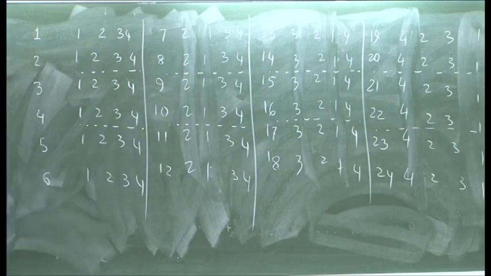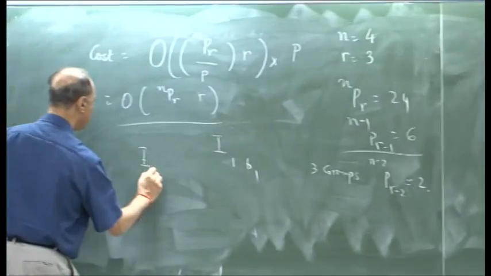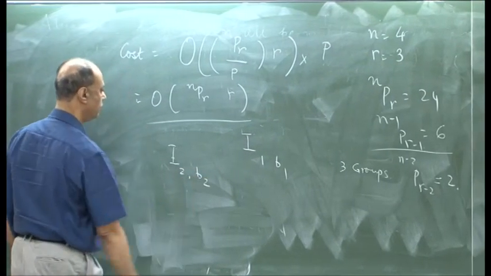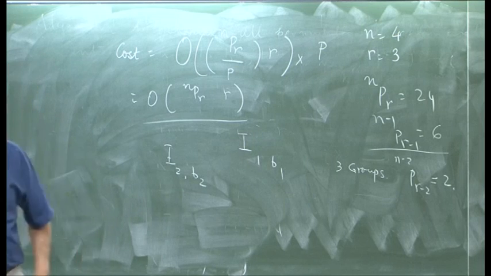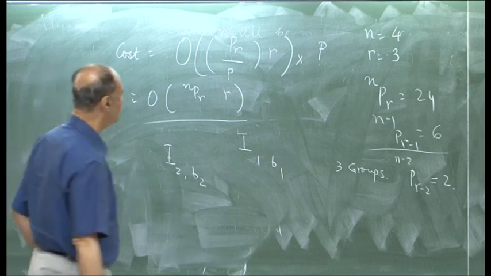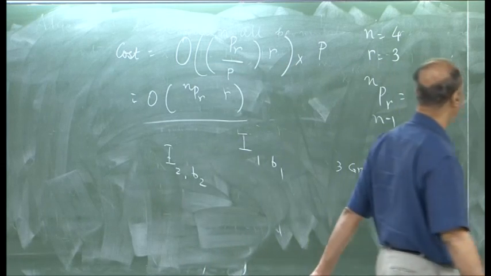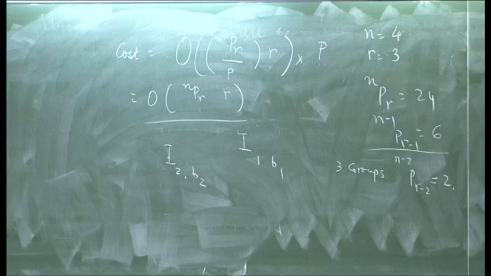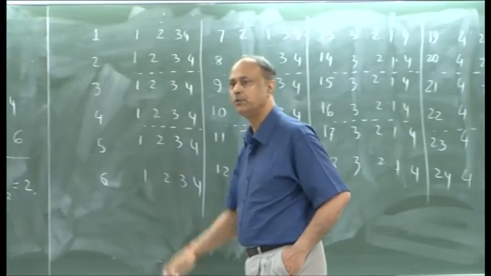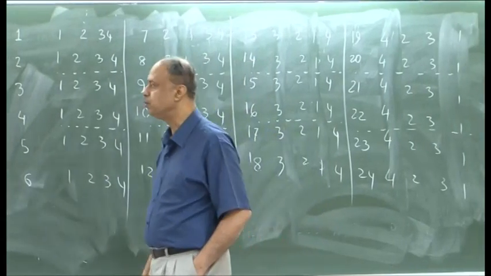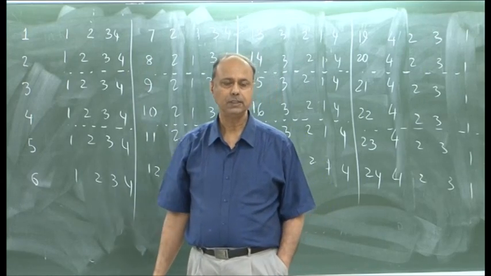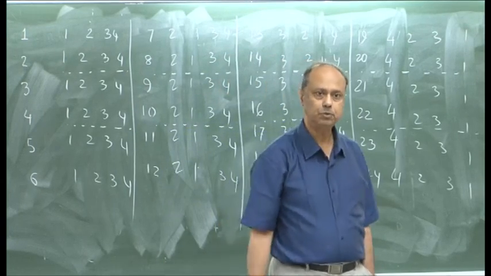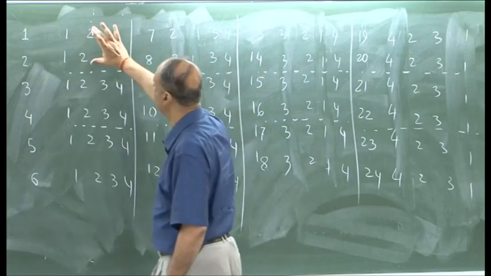For the first group, B2, that group will be interchanged with the group number plus B2 minus 1. What is B2? B2 is 1, and 2 plus 1 minus 1 is 2, so for this group, no interchange.